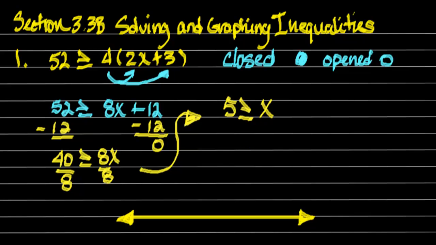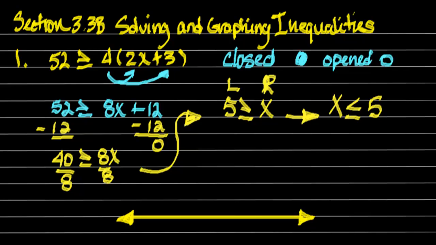Now you can see that my variable is on the right hand side and my numbers on the left, I'm going to switch that around, because that will help me get my graphing right. So I'm going to have x. The inequality point is pointing towards the x, so I'll point that towards the x as x is less than or equal to 5.